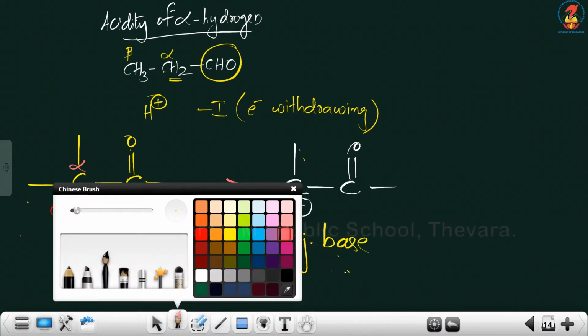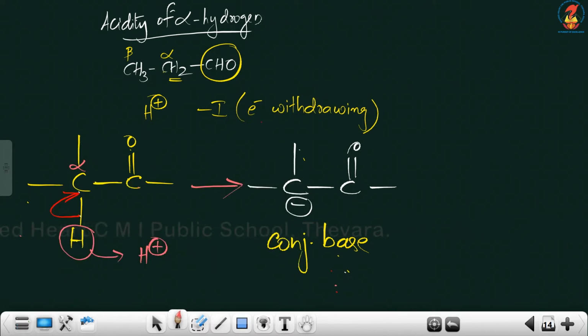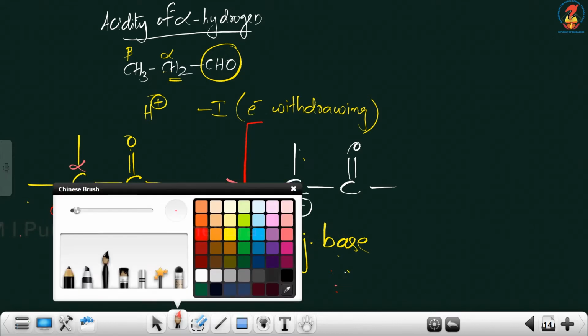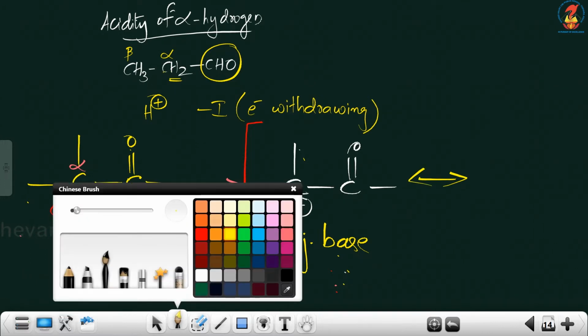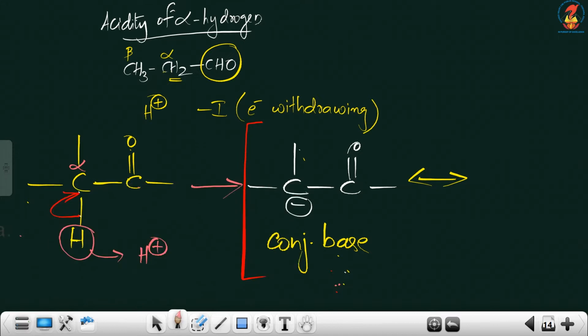And this conjugate base is very, very important. It is resonance stabilized. Resonance, how we are representing? By using double-headed arrow. How the resonance is? This negative charge will be shifted to here and the double bond will be shifted to oxygen.